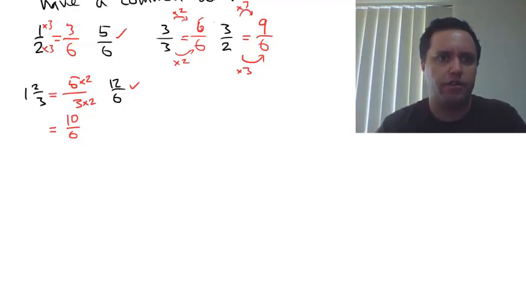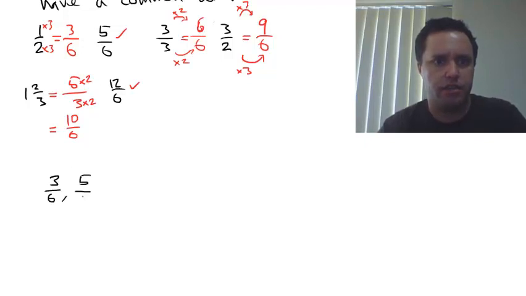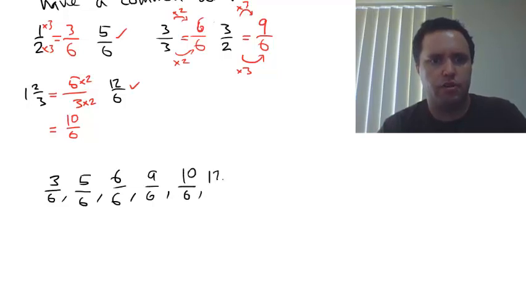Our lowest numerator is 3, so we'll have 3 over 6. The next one will be 5 over 6. Then 6 over 6. Then 9 over 6. Then 10 over 6. And then 12 over 6.